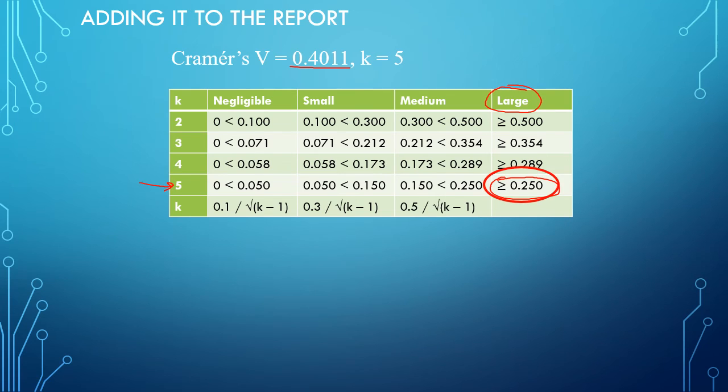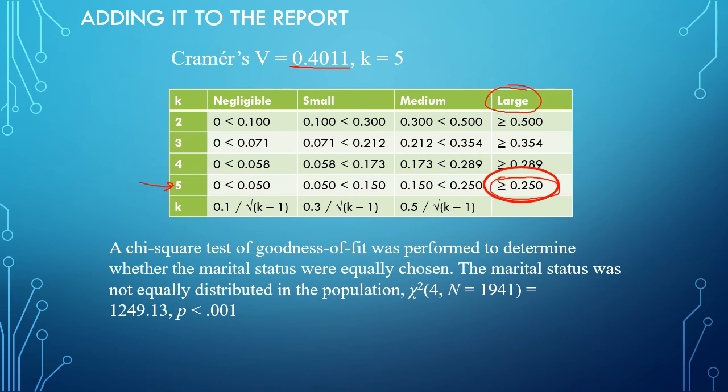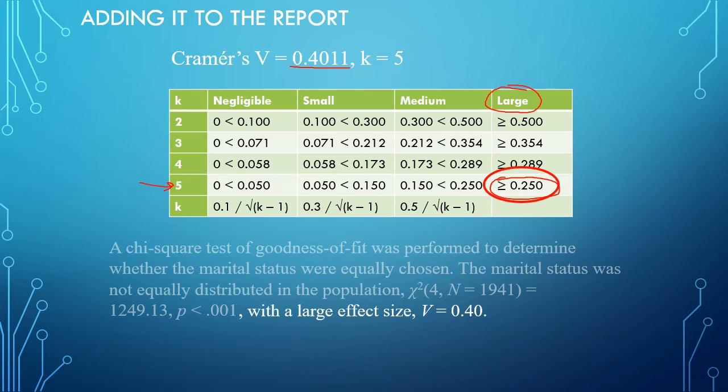So we can add that to our results. This is what I had already so far, and now I can simply add that this can be classified as a large effect size. If you want, you could add the source for this classification system, just in case somebody wants to question you about it. But to some extent, this should be qualified as large.